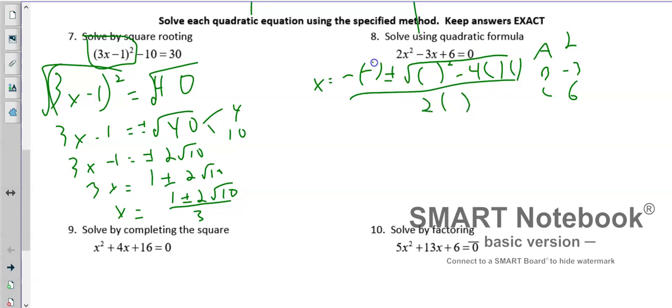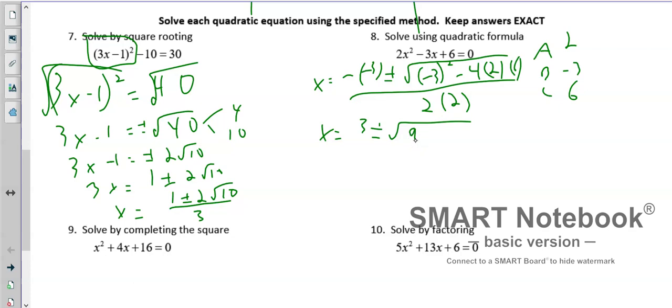So the opposite of negative 3 is positive 3 plus or minus the square root of negative 3 squared, which is 9.